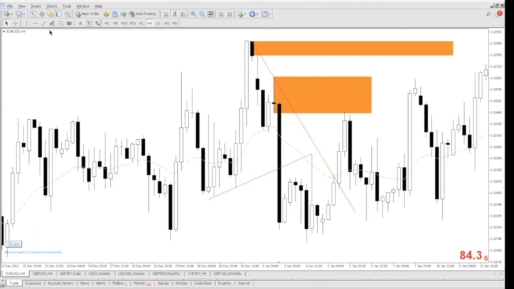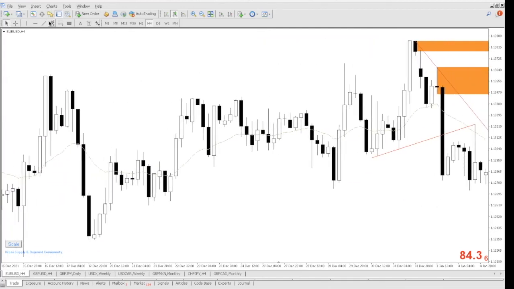Same thing. Any mountain here? Nope. Look, is there a higher high here? Let's check. Yes, there's a higher high here. Then it went up there, and here it crossed the trend line.